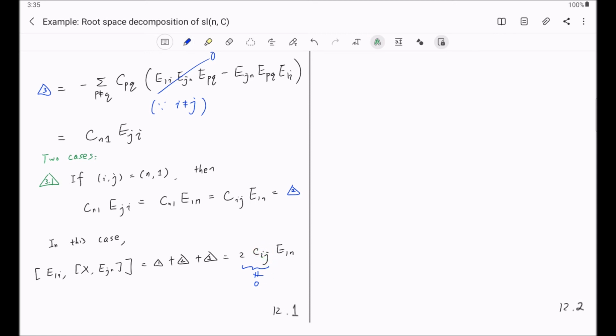That is how we chose the pair ij. And because C is a field of characteristic 0, twice of this non-zero number must also be non-zero. Anyway, we conclude that this is a non-zero multiple of e_{1n}.